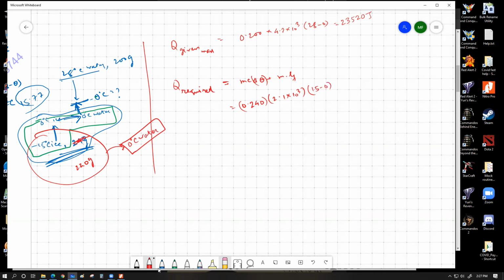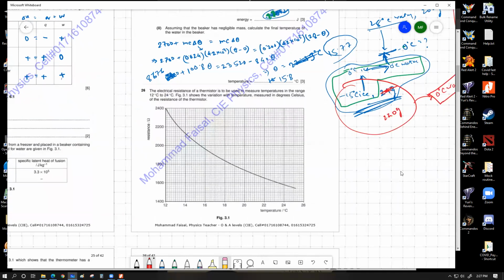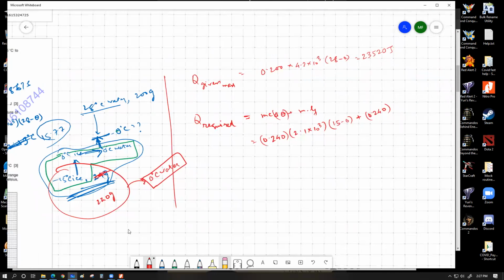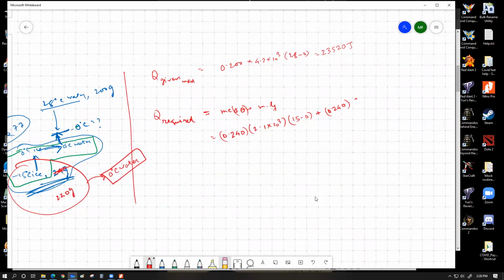This is the MC delta theta for the cooler ice at -15 degrees Celsius, plus 0.240 into the latent heat of fusion of ice, which was given over here to be 3.3 into 10 to the power 5, which gives us how much? This is 7560.